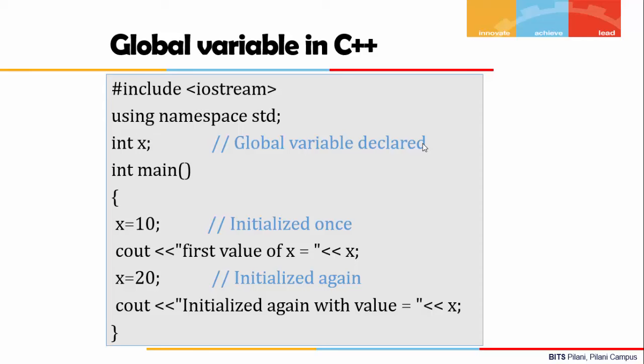Even if they are declared and initialized at the same time outside main, still they can be assigned any value at any point in the program. So if you see this example, here x is declared as a global variable. It is initialized with value 10 and then again assigned the value 20. So that's how the global variable can be defined.